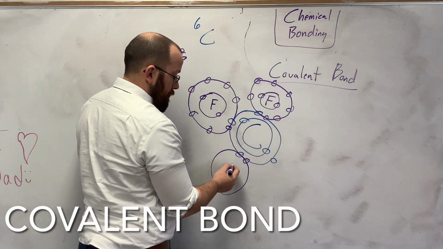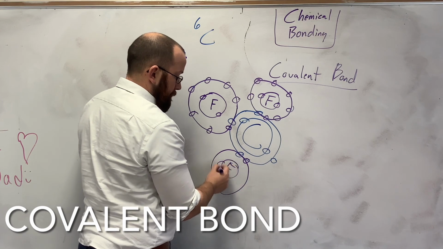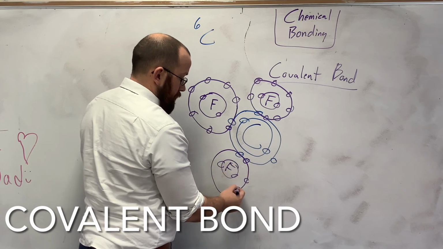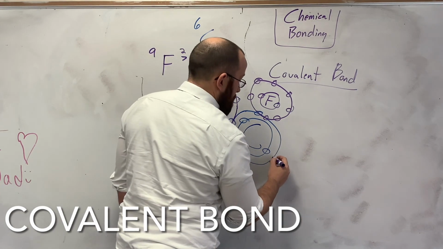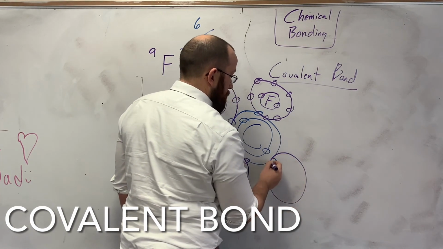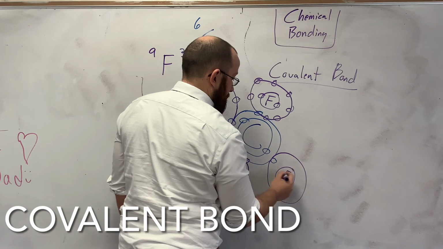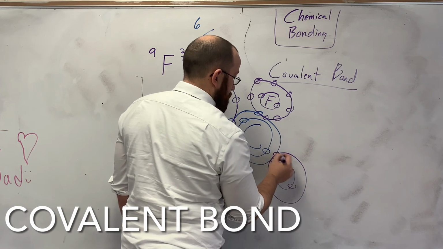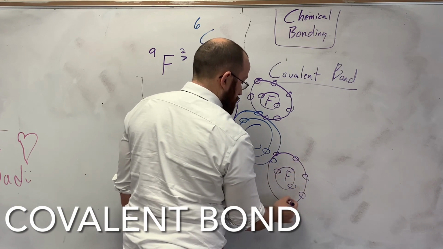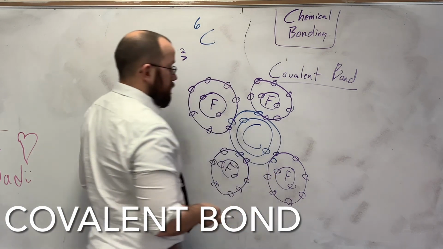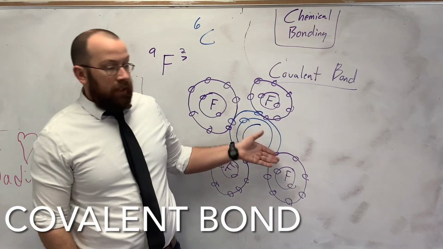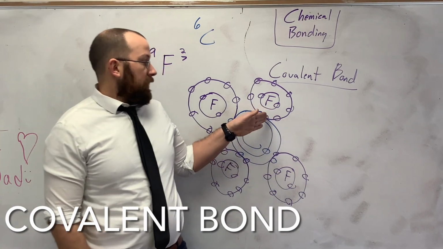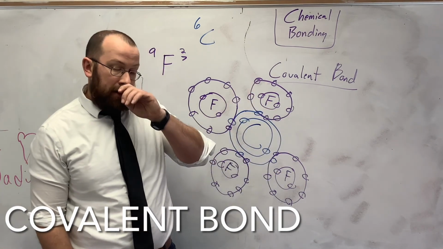So they're sharing that one. Now this is a covalent bond because all they're doing is sharing, so they get the perfect 8 on the outside.